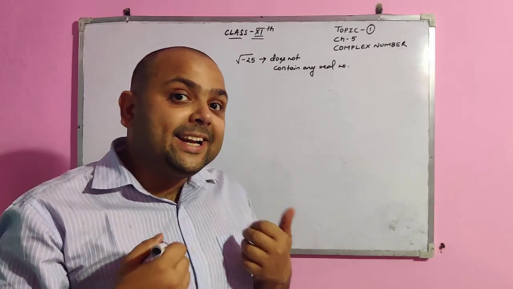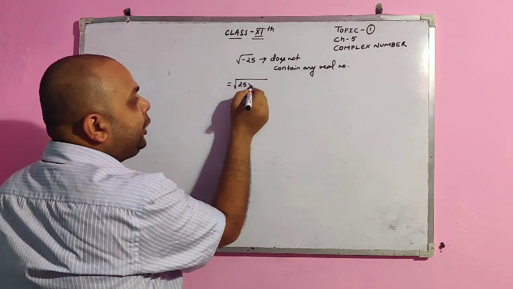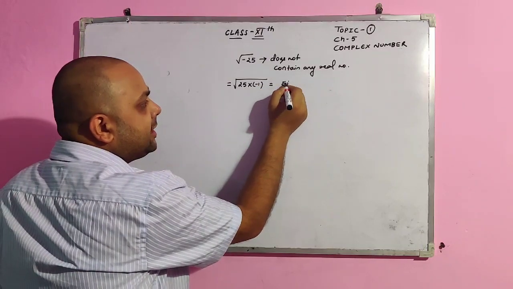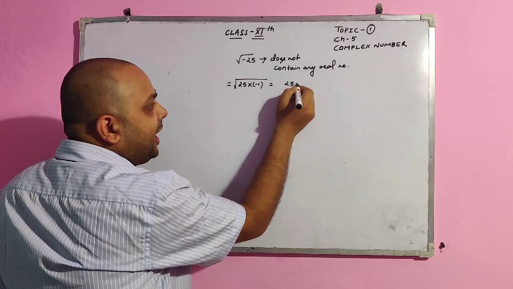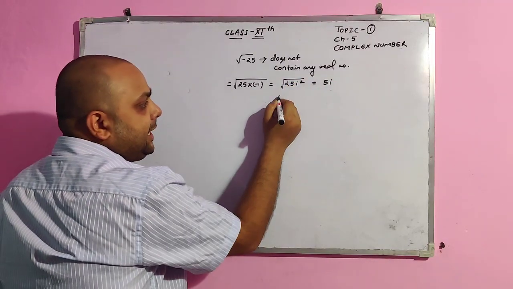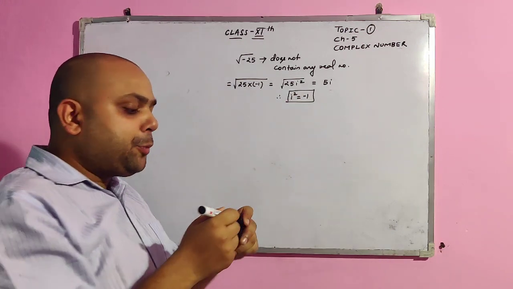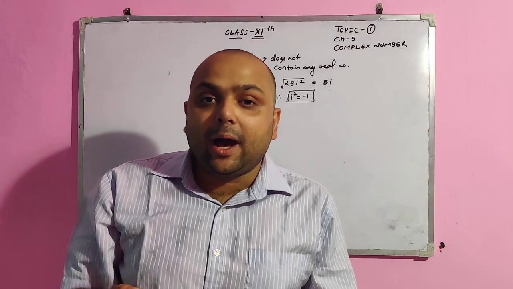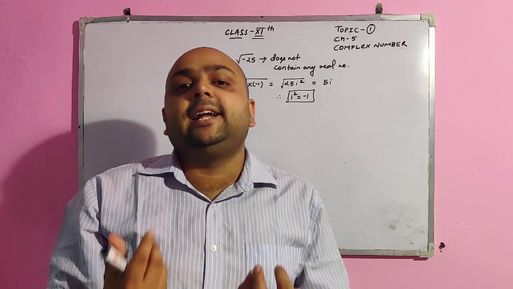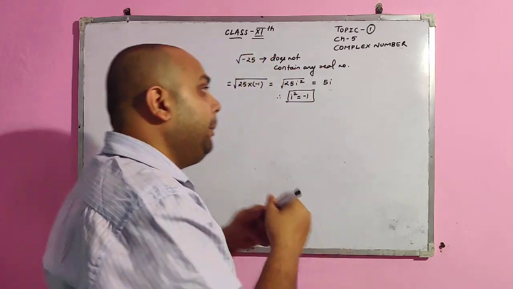But in class 11th, this can be written as under root of 25 into minus 1, that is 5i. So this can be written as 5i, that is i square equal to minus 1. We have a property here that i square, where i is the iota imaginary function, the square of that imaginary function equal to minus 1.